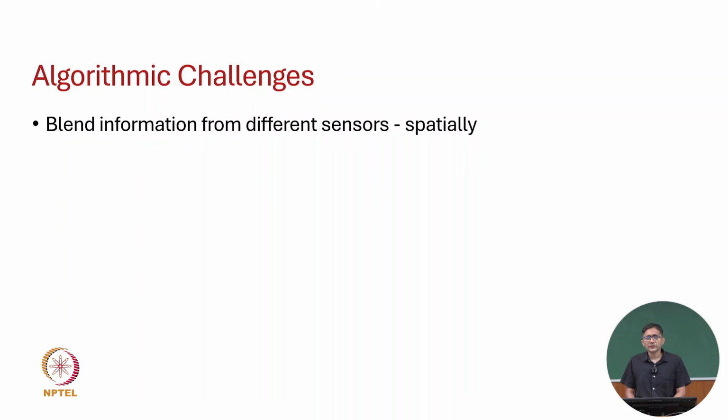So if we are working with different sensors with different spatial resolution, sometimes it's beneficial to fuse the information from them, and image fusion is indeed one of the main themes in this course.